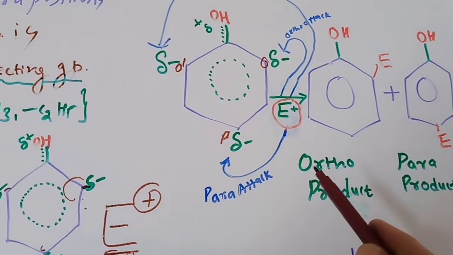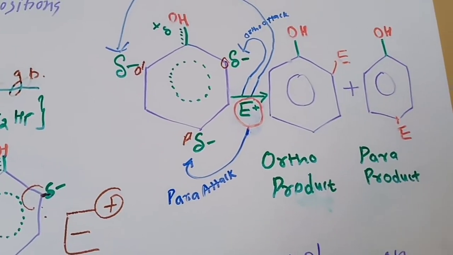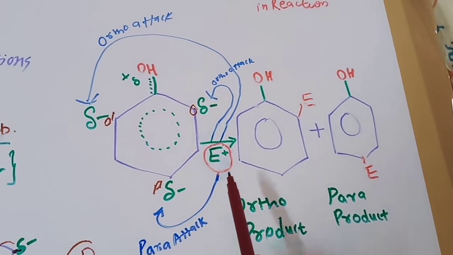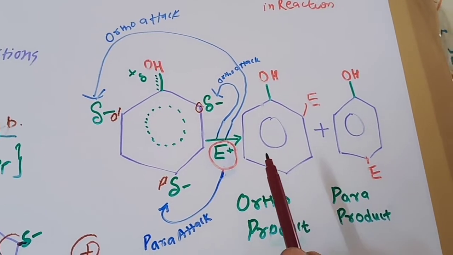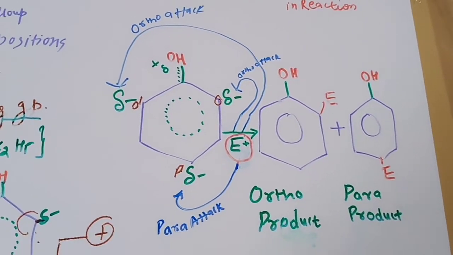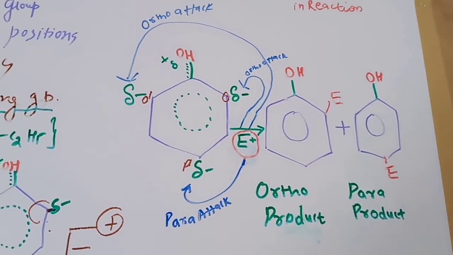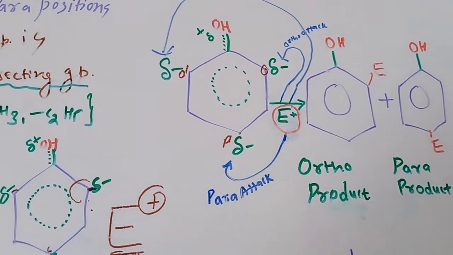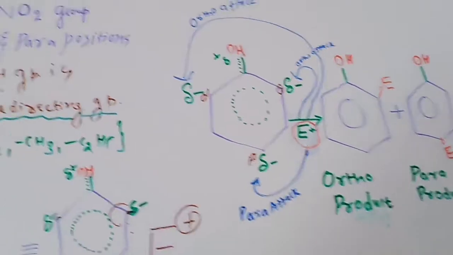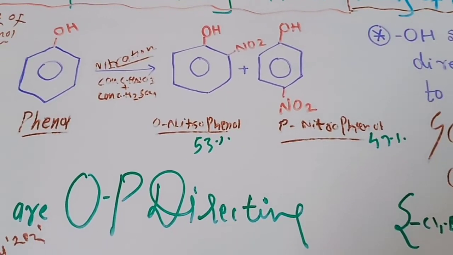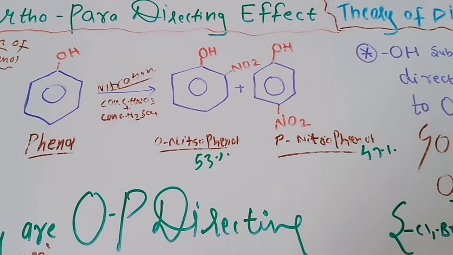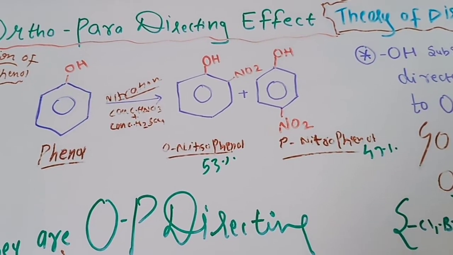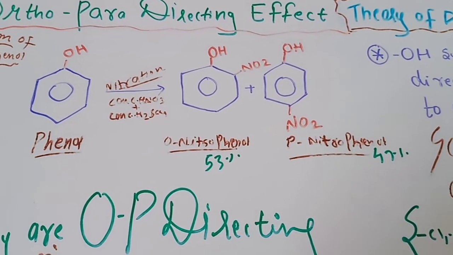This is true for all electrophiles, for example in nitration. As we have already seen in nitration, we get ortho nitrophenol and para nitrophenol as our main products, and we will not get the meta product here, as the OH group is an ortho and para directing group.